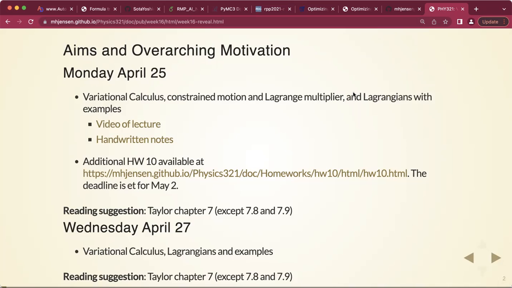So I'm going to switch over to the whiteboard and go through some examples and repeat a little bit about the Lagrangian formalism and try to motivate again why this Lagrangian formalism is so useful. And for many of you who will continue with physics, you're going to encounter that, and many of you actually take the graduate course in mechanics, and there you will start with the Lagrangian formalism.